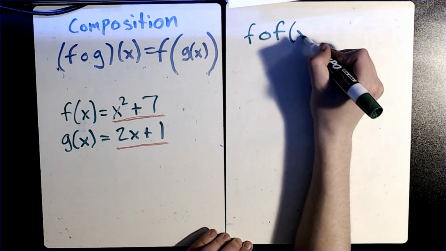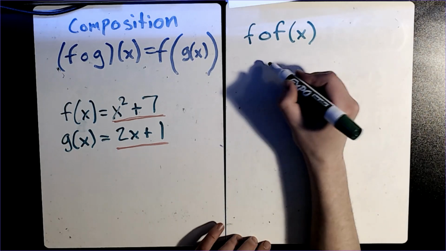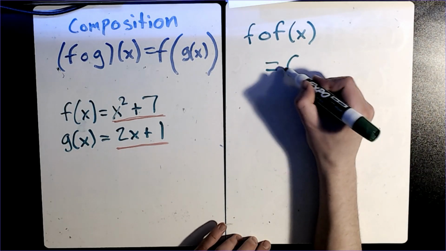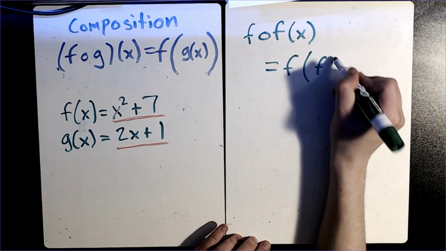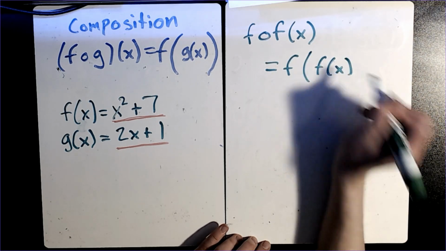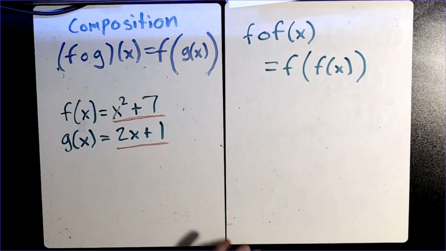Because I think there are some on the homework where you have to do that. f composed with f. Okay, so what does that mean? Well, the x goes into f first, then you take that output and plug it into f again. So that's what we're dealing with here.